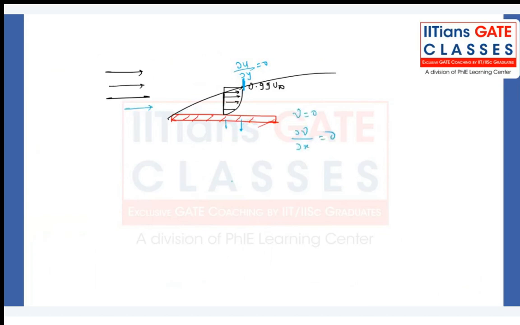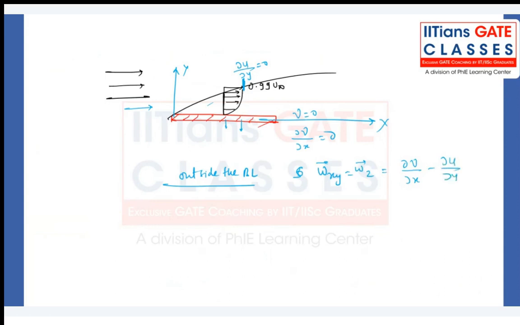So in this xy plane, outside the boundary layer, you calculate vorticity, or omega about the z axis. What is the formula we have? Dou v by dou x minus dou u by dou y. This is automatically zero, this is also zero.